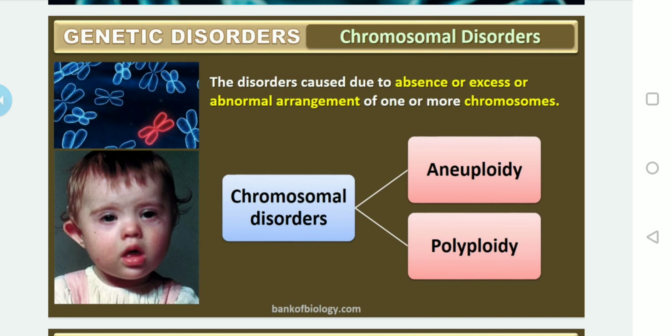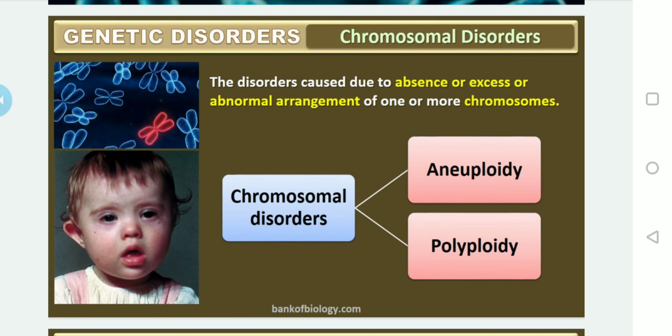It happens because of a change in the chromosomal number due to aneuploidy. There are 2 possibilities: one is aneuploidy, another one is polyploidy.